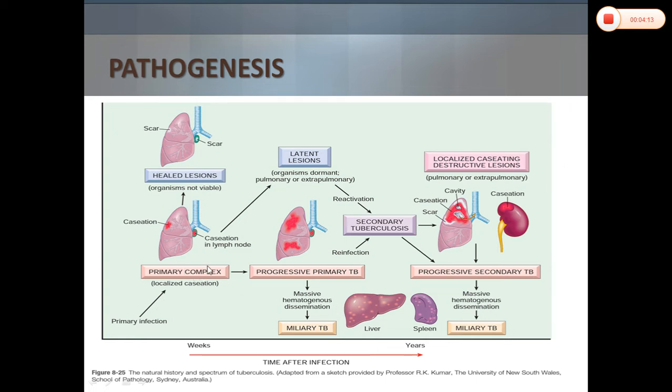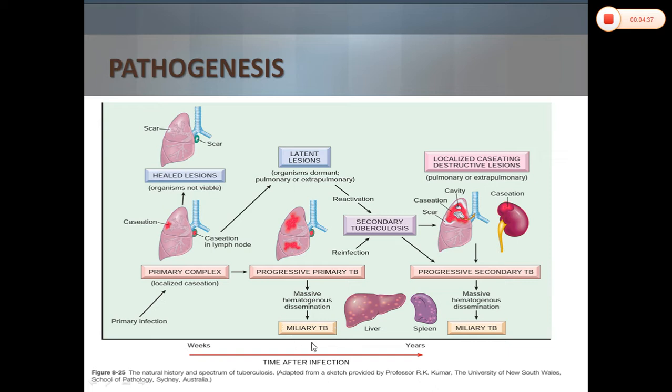If the primary complex progresses into progressive pulmonary TB, it may finally lead into miliary tuberculosis through hematogenous dissemination. Dissemination is nothing but spread. The organisms spread throughout the body via blood vessels through the hematogenous route.